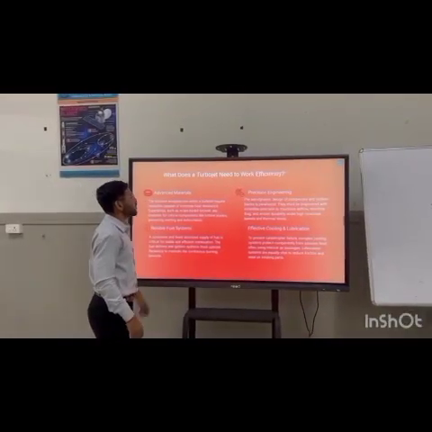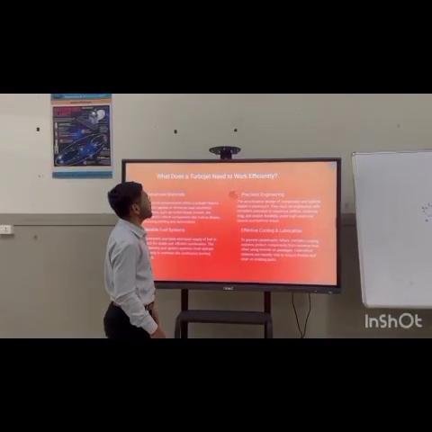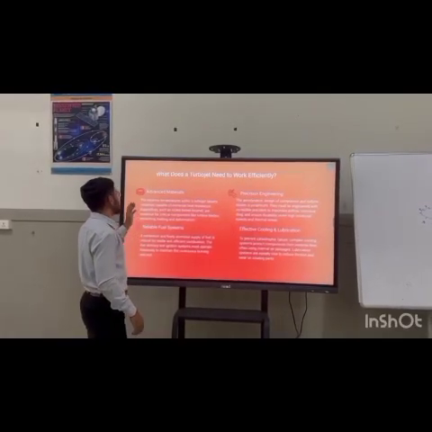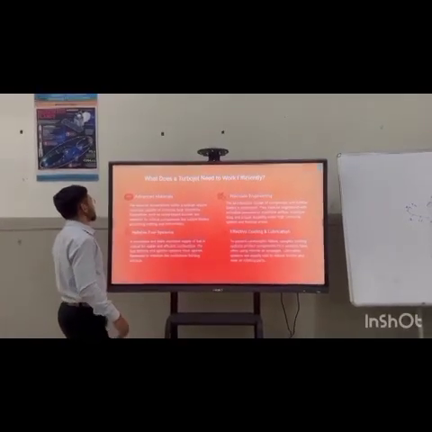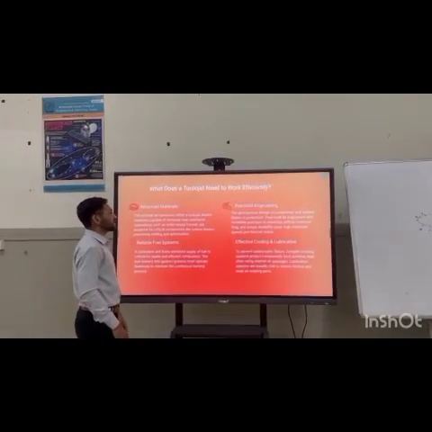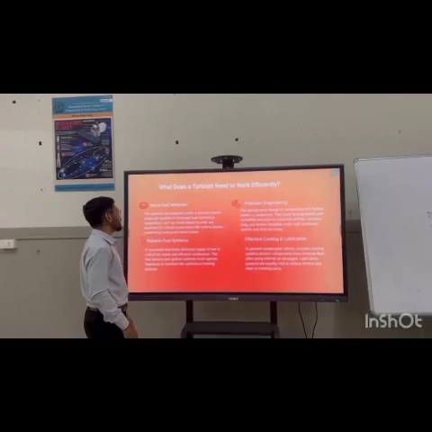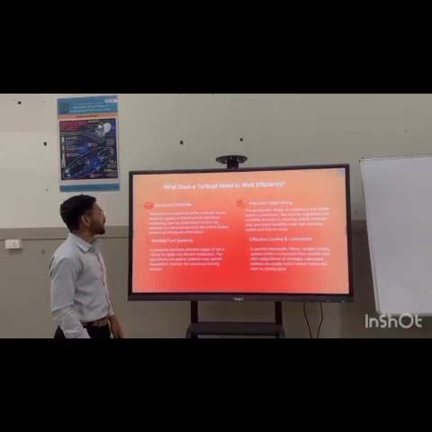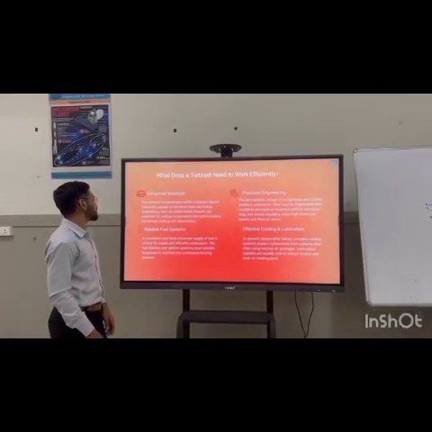What does the turbojet engine need to work efficiently? Advanced materials. What are the advanced materials? The extreme temperatures within a turbojet require materials capable of immense heat resistance.